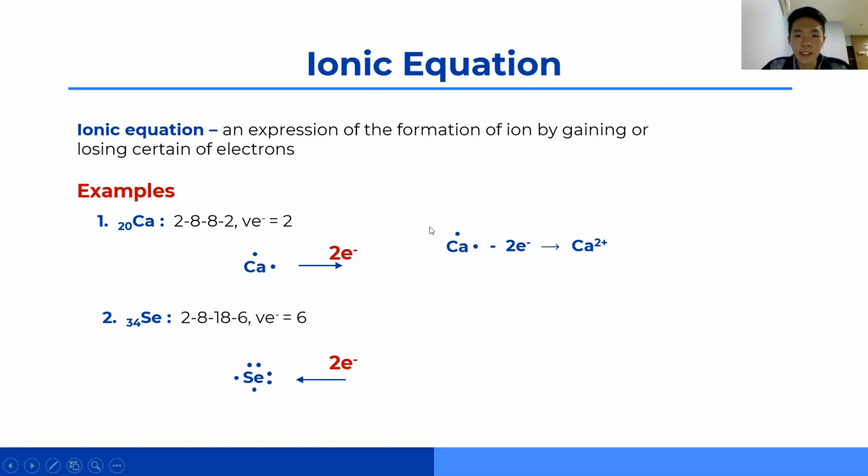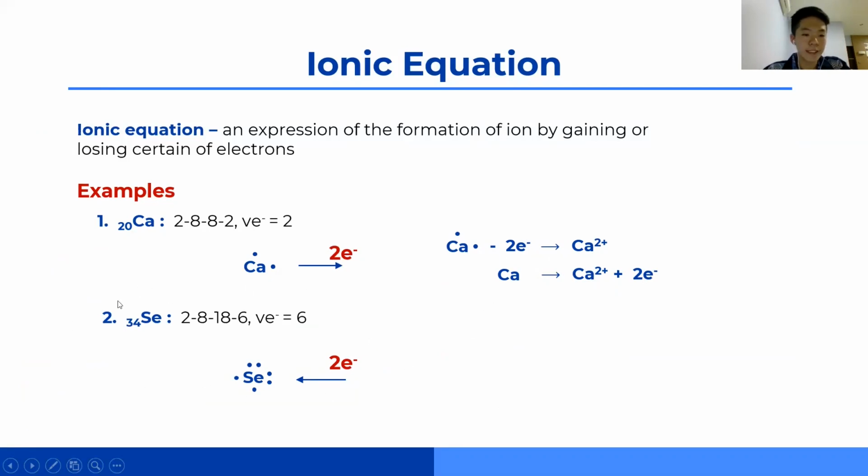And in an ionic equation, we don't like to have a negative sign in the equation, so we transpose this negative 2 electrons to the right side, so it becomes positive 2 electrons. Calcium, an arrow, Ca2+ plus 2 electrons.